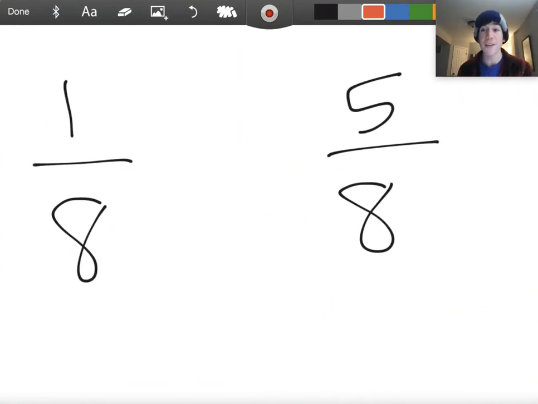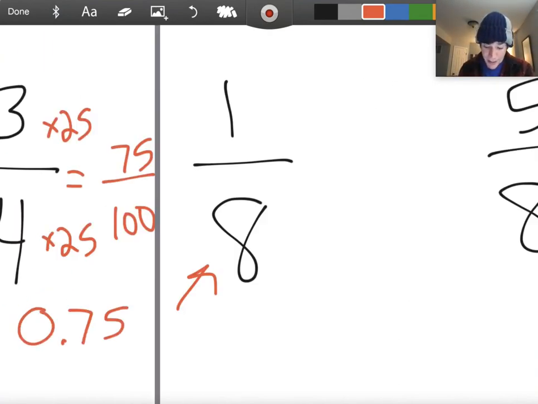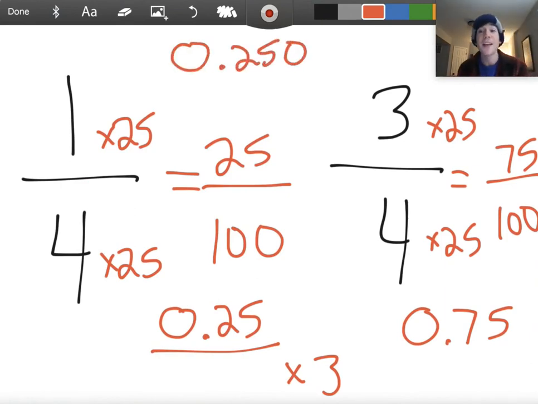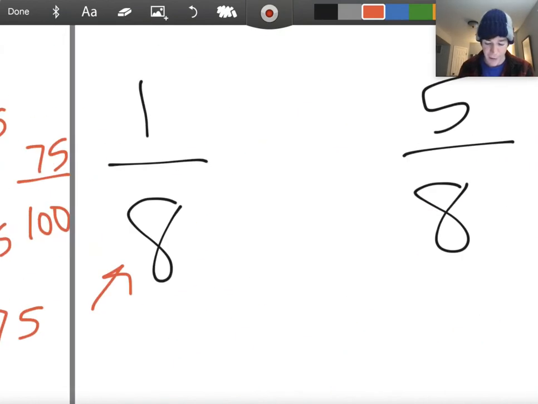What about eighths? Remember that an eighth is the same as half of a fourth. As we split into this larger denominator, I'm doubling the denominator, which means I'm cutting that size of the piece in half. This gets a little tricky then. If I know that 25 hundredths is also the same as 250 thousandths, if an eighth is half of that, I'm looking for half of 250, which would be 125.